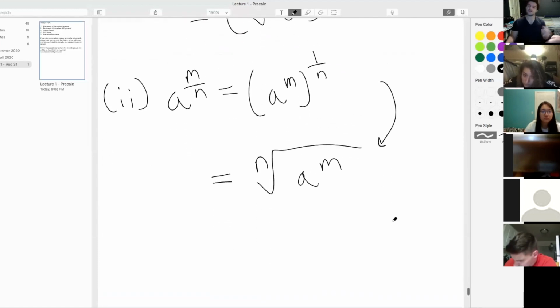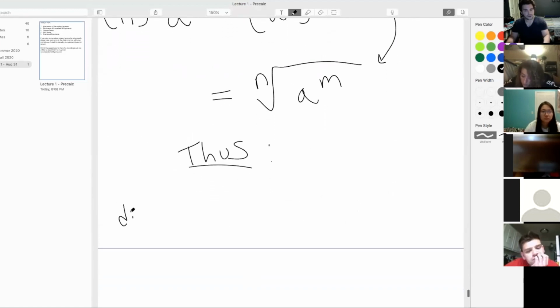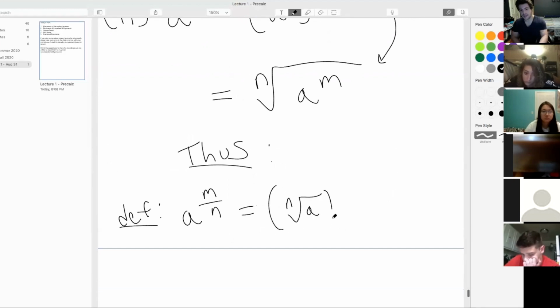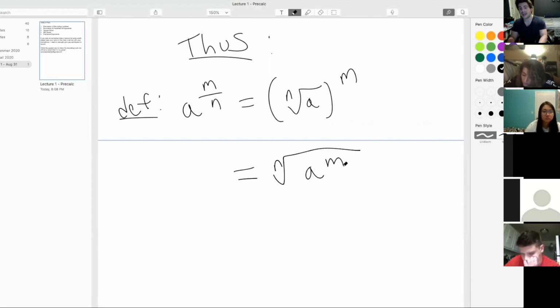All right, so those are our two definitions. So, a to the m over n equals two equivalent things. It's going to be the nth root of a, to the mth power, and it will also equal the nth root of a to the m.